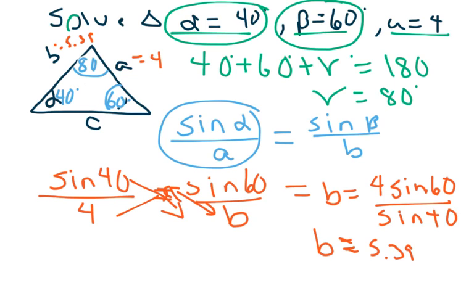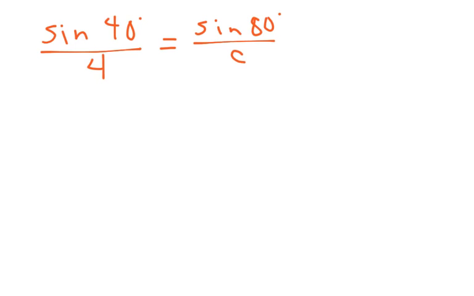Okay, and then the last one we have to find is our C. So I'm still going to use the sine of alpha over A. So I'm going to do sine of alpha, which is 40, over 4, my side across from 40. And then I'm going to do gamma. And gamma we know is 80. So we have sine of 80 over C. Cross multiplying we get C equals 4 sine of 80 degrees over sine of 40 degrees.